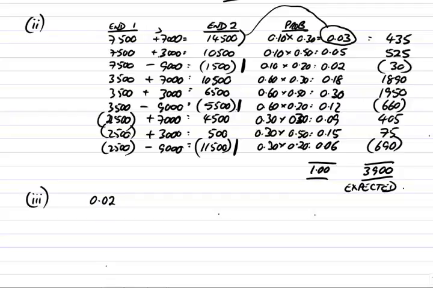The probability of minus 5,500 is 0.12. Of minus 11,500 is 0.06. So if you prefer a 2%, a 12%, a 6% chance of them happening, the total chance of it being negative, 2 plus 12 plus 6, is what? 0.20 or 20%.